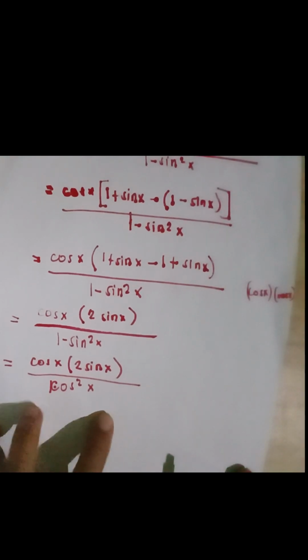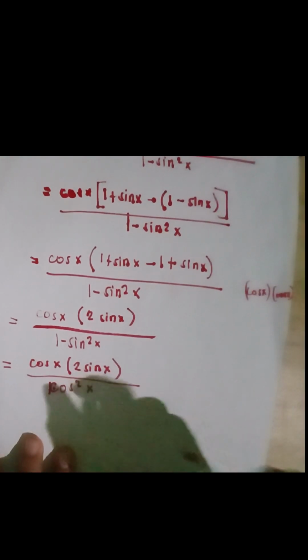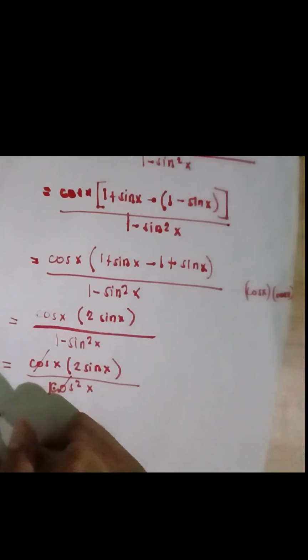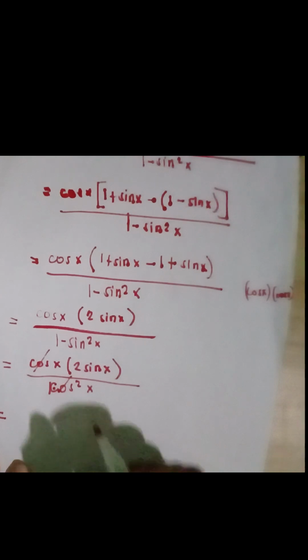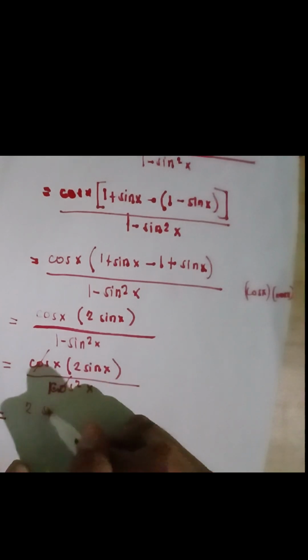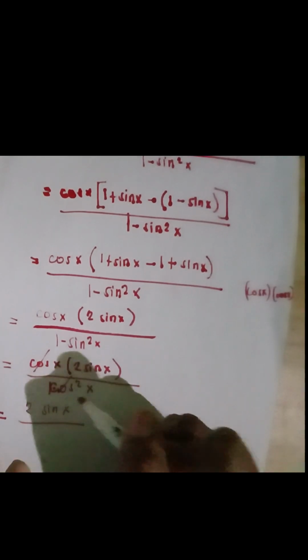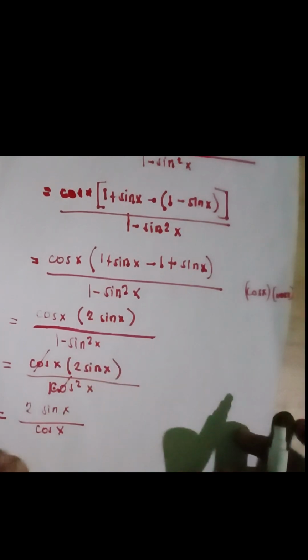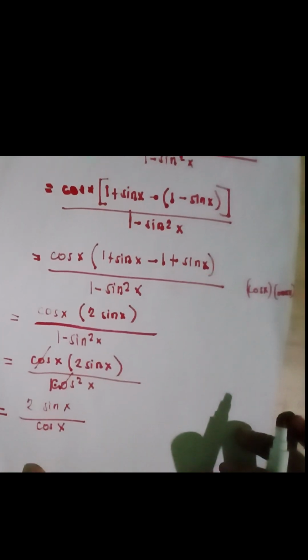So let's cancel this out. So we have here 2 sine x over cosine x, since we cancel out the first cosine x.